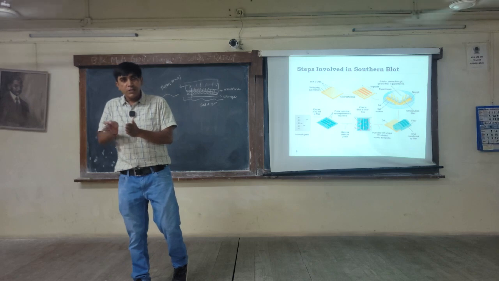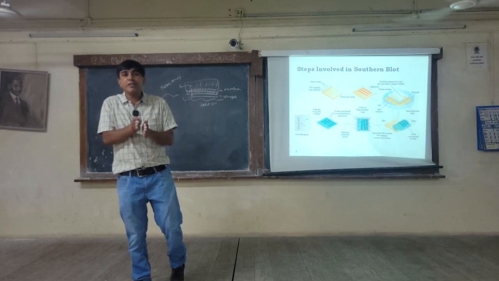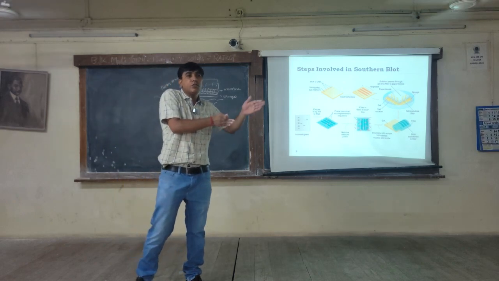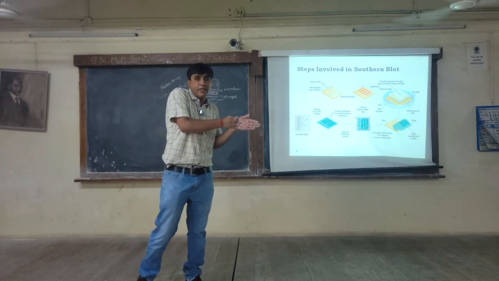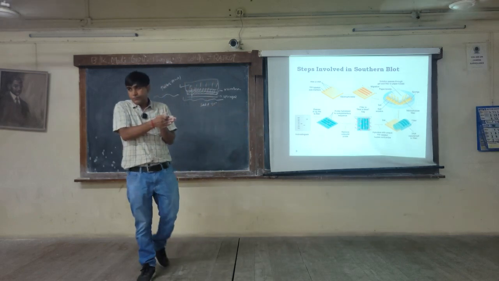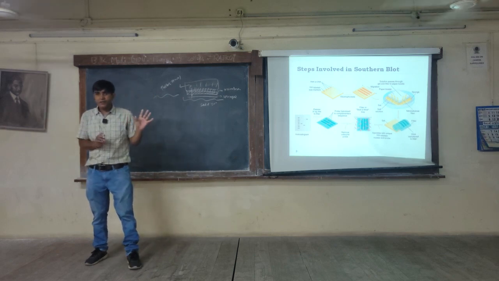Because the parent DNA which we have incorporated is radio labeled, and if it is complementary to the kid DNA, the DNA which we want to detect, then and only then will binding take place. Both are single stranded. Getting it?